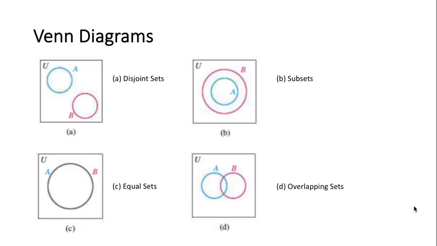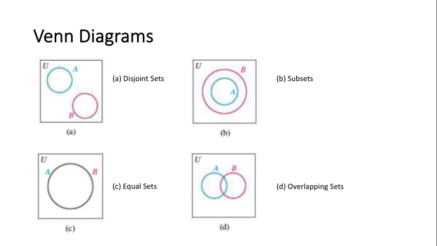All right, so here are 4 pictures of different Venn diagrams. In Venn diagram letter A, we have 2 disjoint sets. When you draw a Venn diagram, you usually use a rectangle to represent the universal set, and then you use circles to represent subsets of that universal set. These 2 subsets would be disjoint.